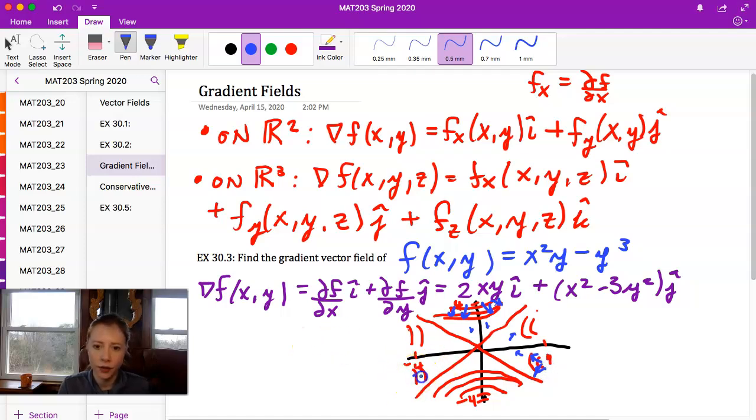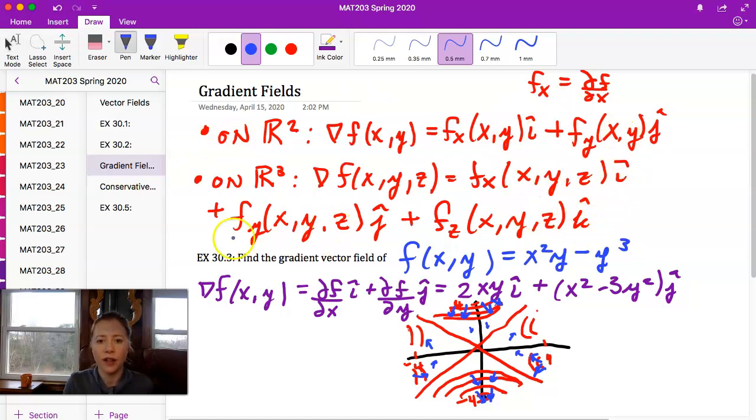I'm just going to draw a few over here. And the closer these level curves become to each other, the steeper the gradient is, right? The gradient tells us something about the slope.